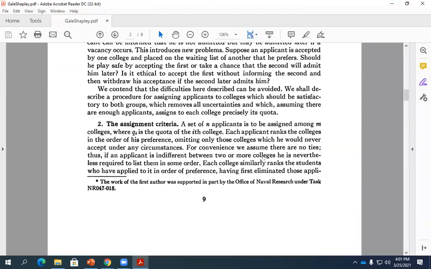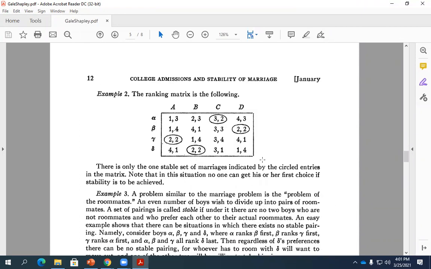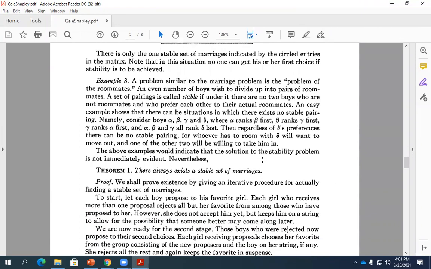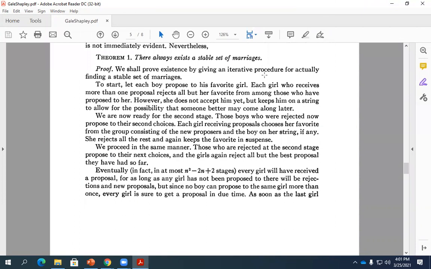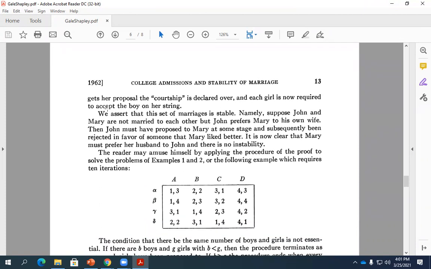Turn to the section on stable matching: there always exists a stable set of marriages. They go through it right here, and right here they say that the marriage is stable.